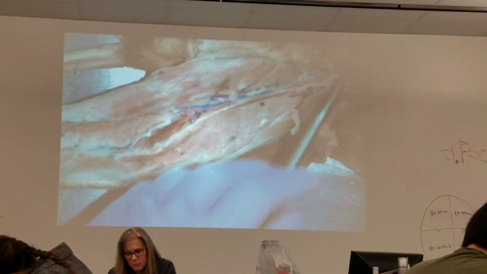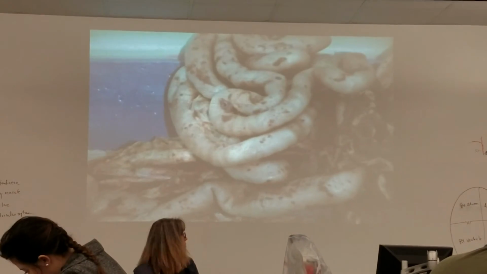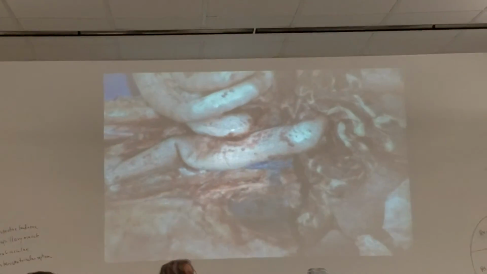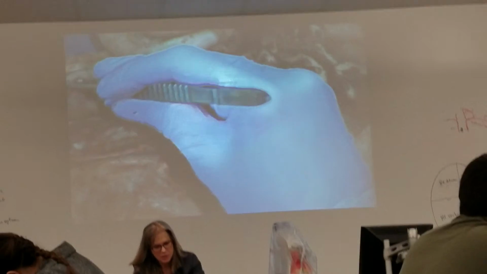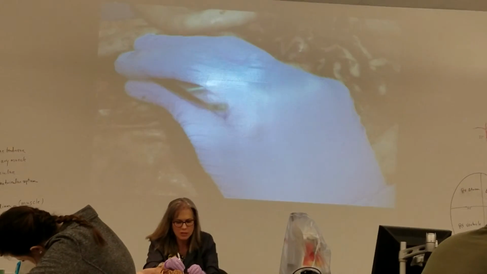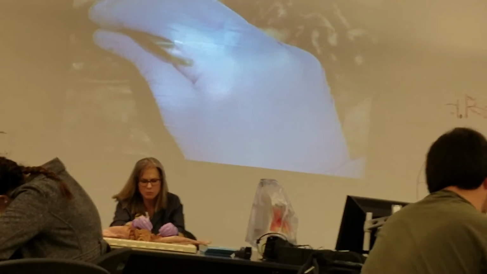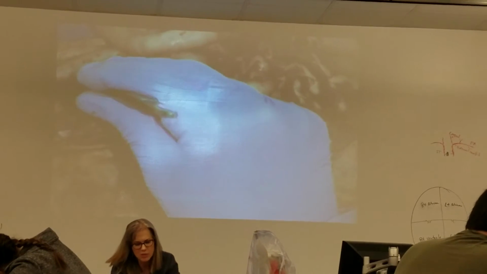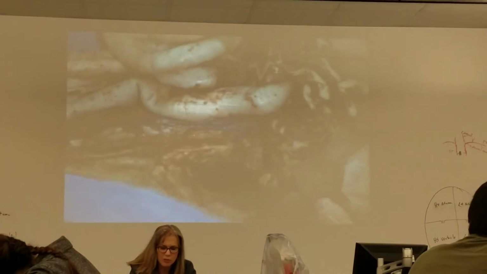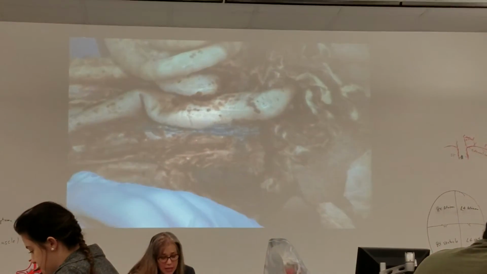All right, so if we come back up here, we have our iliacs again. So I've got my external iliacs, my internal iliacs, and remember my caudal is deep down here. I follow my iliac out of the abdomen and into the leg.